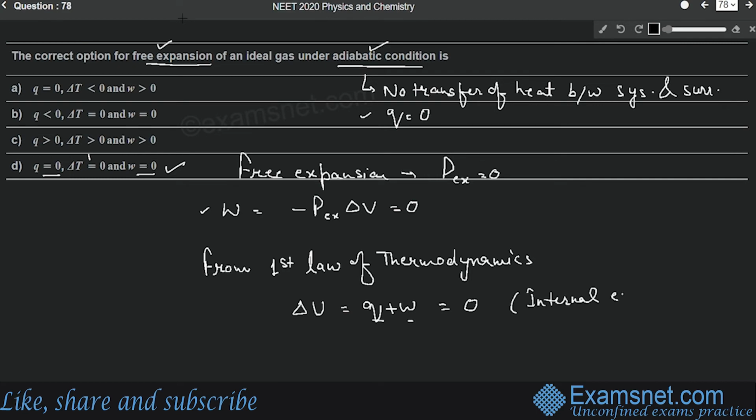Okay. Therefore, there is no change in internal energy. Got it? And also we know that internal energy is a function of temperature. So when the internal energy is constant, that means delta T is 0, because temperature is also constant. So change in temperature is also 0. Therefore, delta T is also 0. So all of them are 0. Got it?